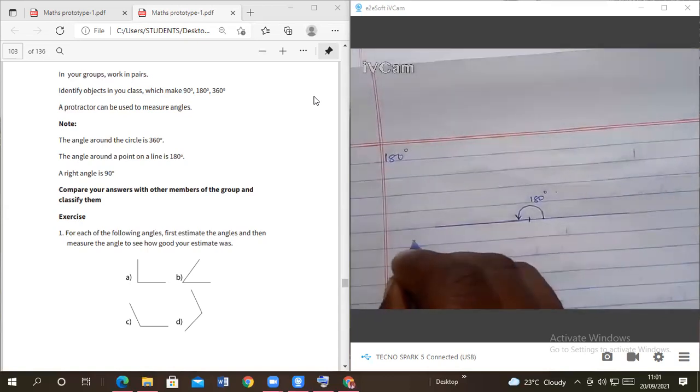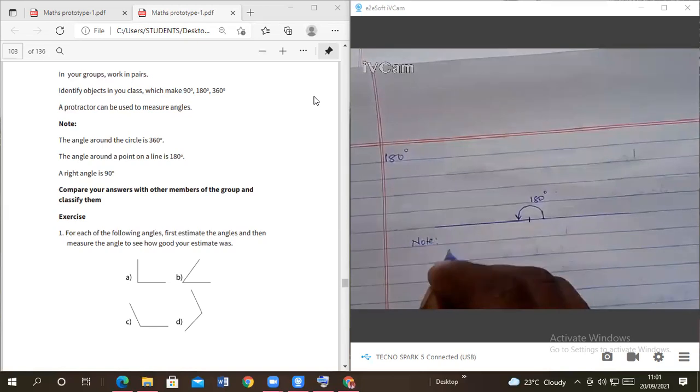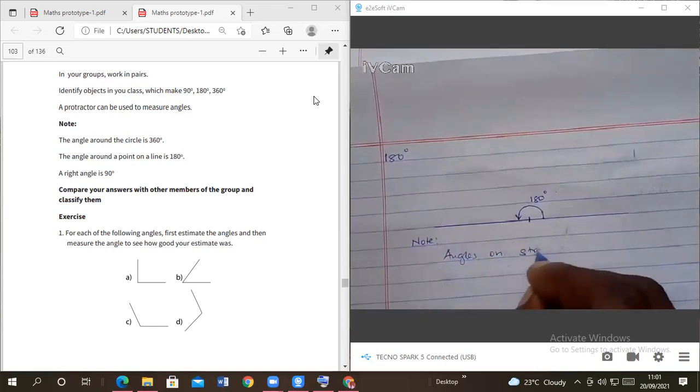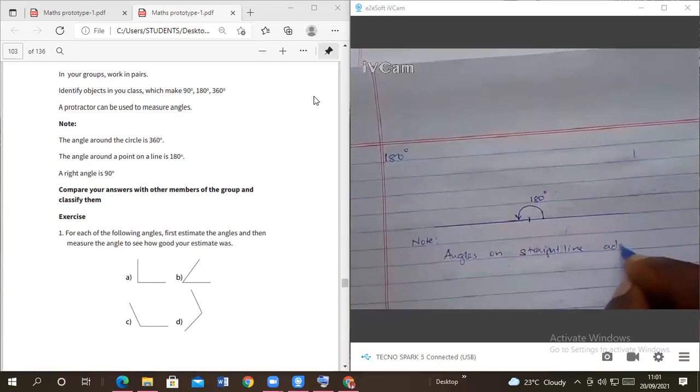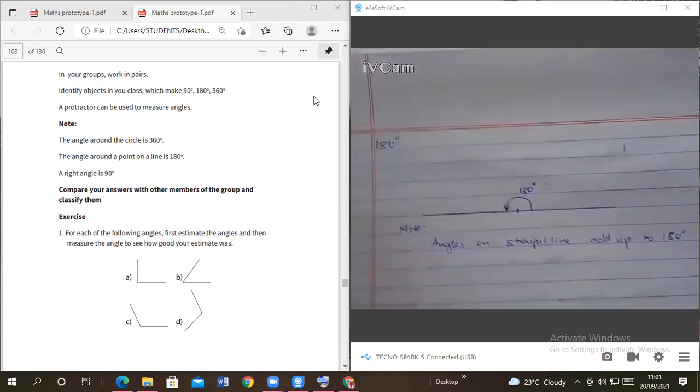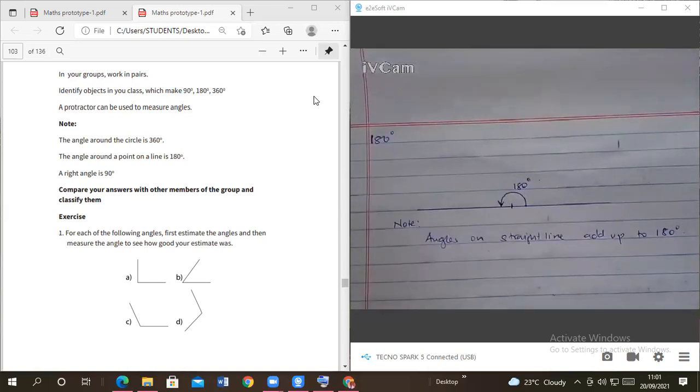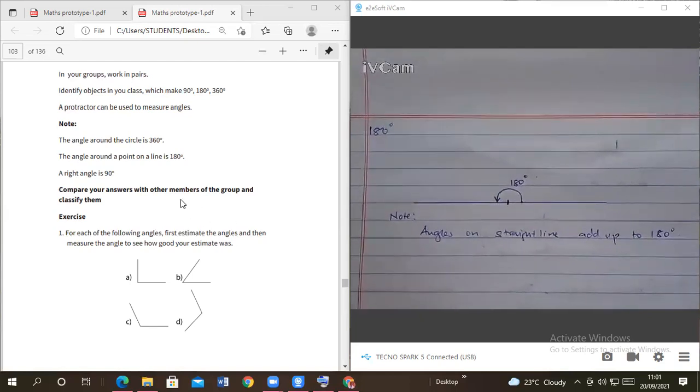Yes. So that's how you can identify 180 degrees like that. Is it okay?